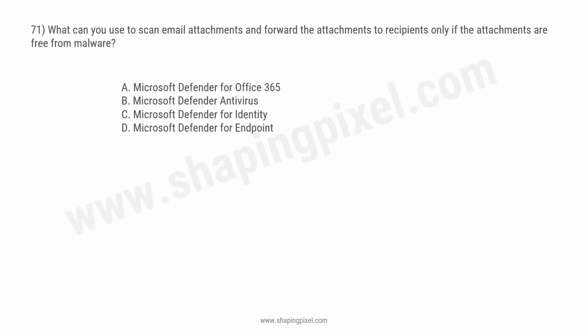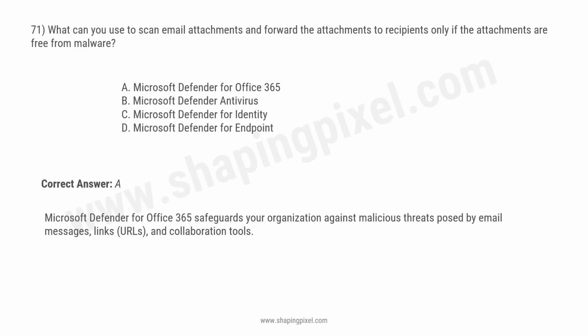And option D, Microsoft Defender for Endpoint. So the right answer here is option A, Microsoft Defender for Office 365. Microsoft Defender for Office 365 safeguards your organization against malicious threats posed by email messages, links, and collaboration tools.